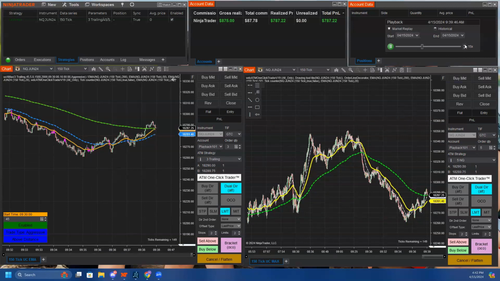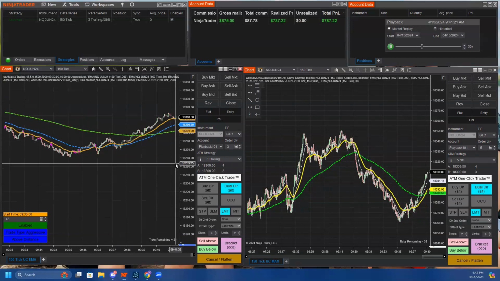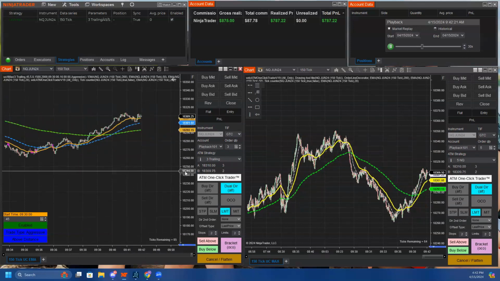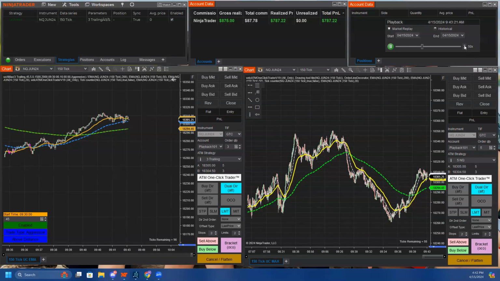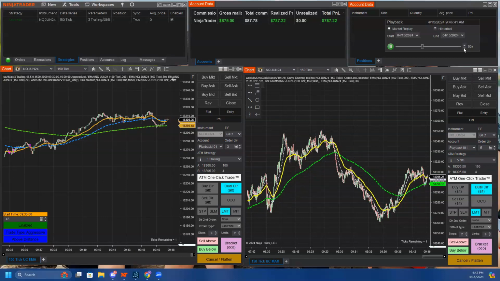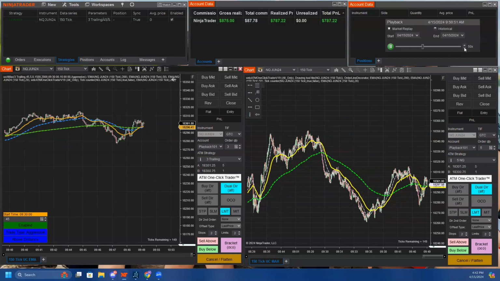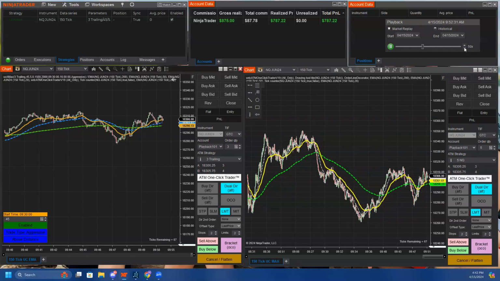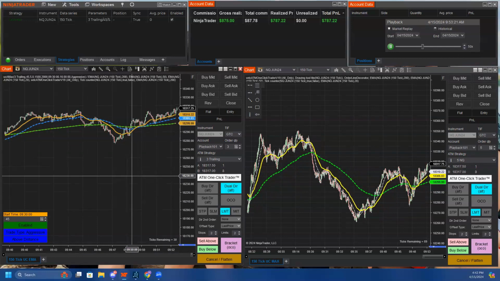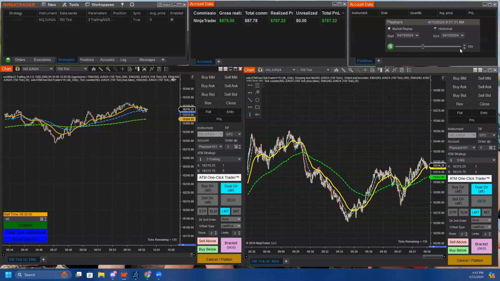But let's keep going and let's make it like 30. Okay, nothing here. 50. Nothing so far. I think it was after maybe 10 o'clock that we saw a nice move to the downside.